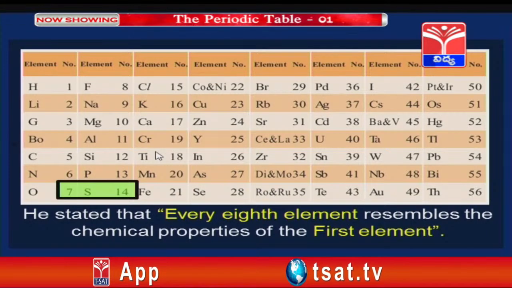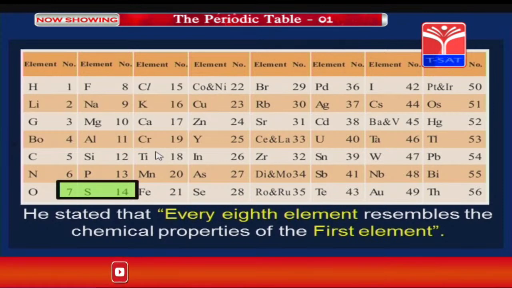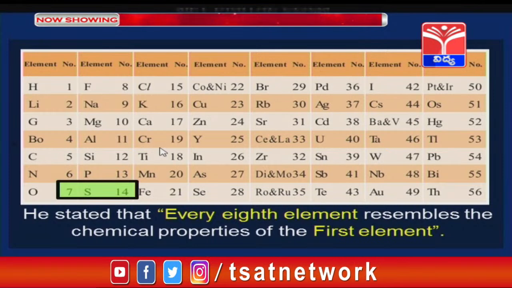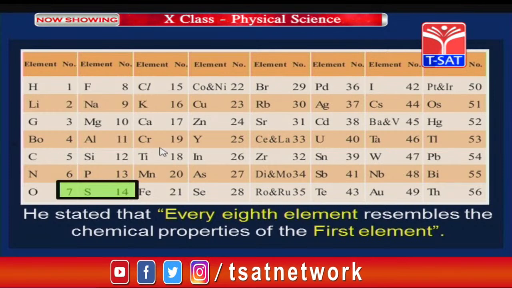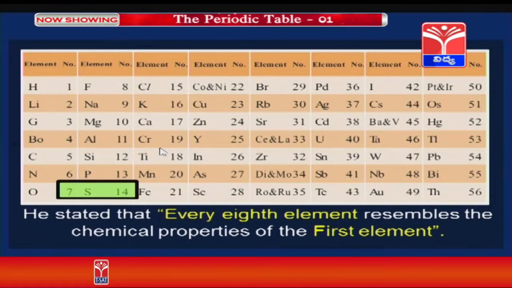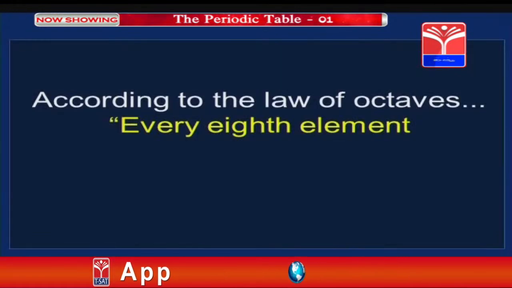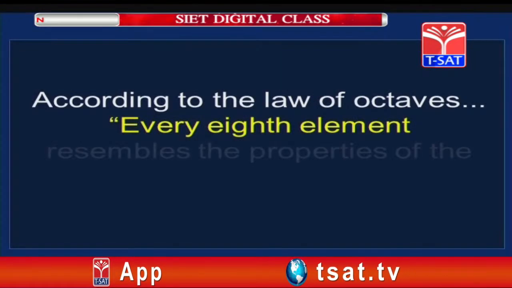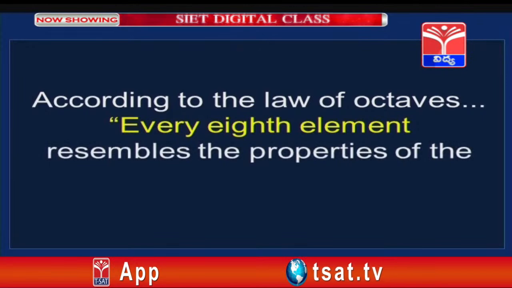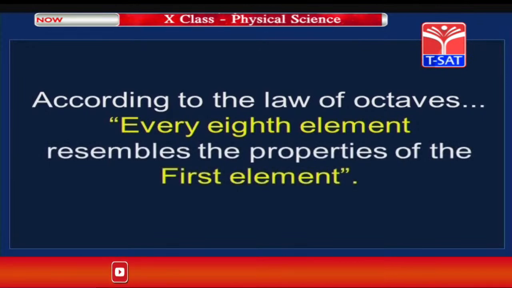Like this, every 8th element is having the same chemical properties as the first element in his periodic table. According to the law of octaves, every 8th element resembles the properties of the first element.